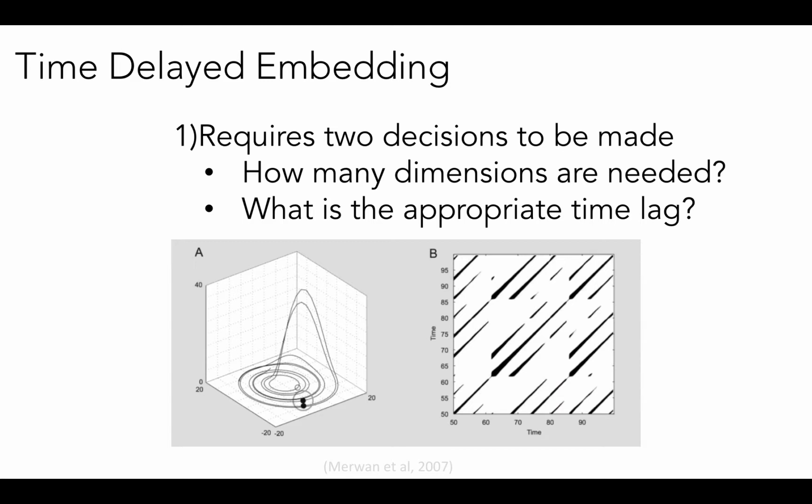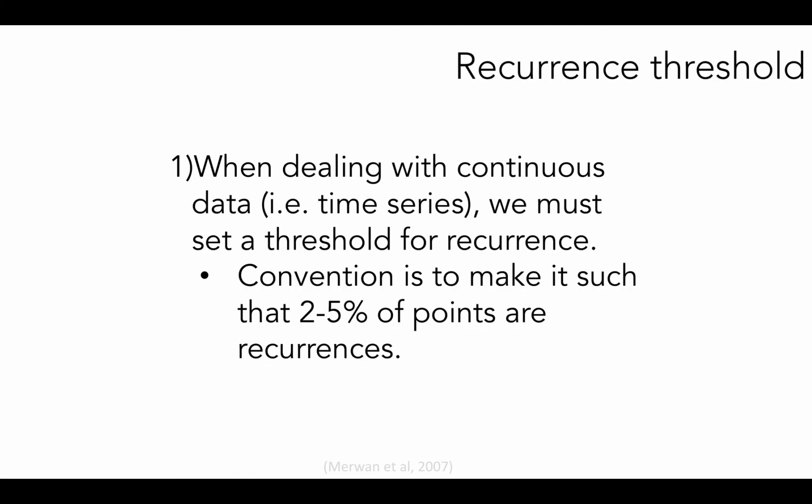Moving on, a couple other parameters that we need to account for before we can do the recurrence plot is the recurrence threshold. This is not necessarily for discrete data, but for continuous data, i.e. time series, we have to set this threshold for recurrence, because with continuous data, it's not likely that the exact same point is going to be revisited over and over again.